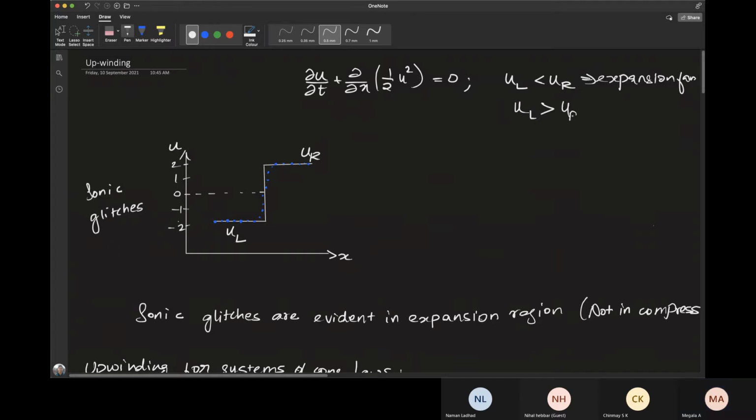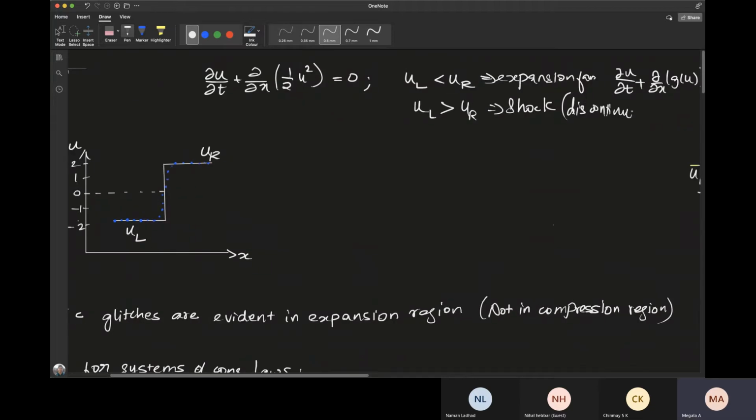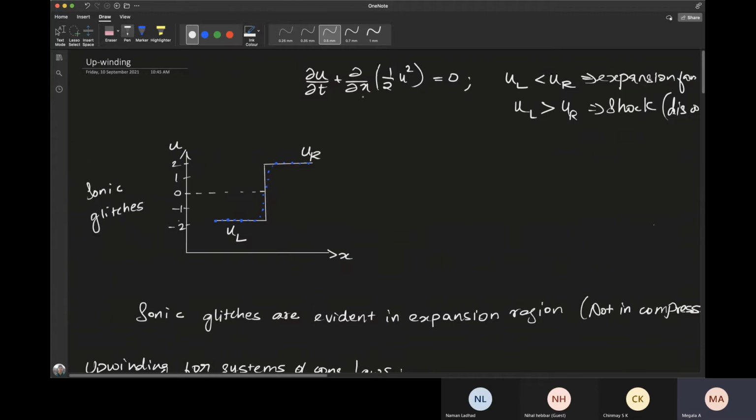It is not a physical shock, it's just some discontinuity, because we are only in the scalar case. Physically, to call something a shock, we have to be dealing with Euler's equations, because that is only physical. So this is sort of a model equation, which helps us study most of the waves that occur in systems like Euler's system.